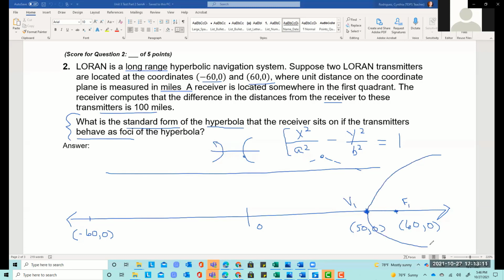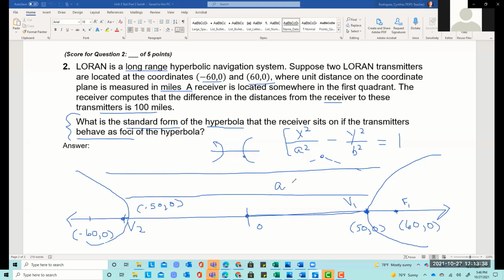Now I'm getting a better idea of what I've got. I'd also have -50, 0, which would be the second vertex. The total distance from here to here is 100. What's the distance from 0 to the vertex?